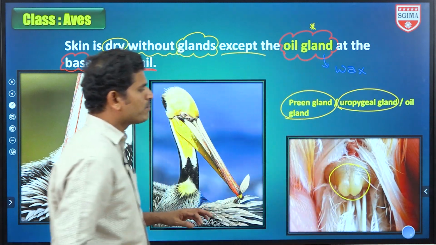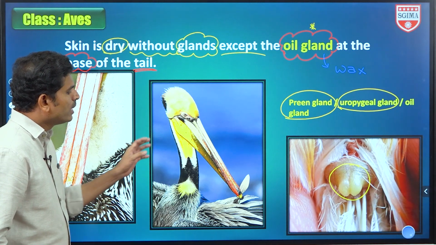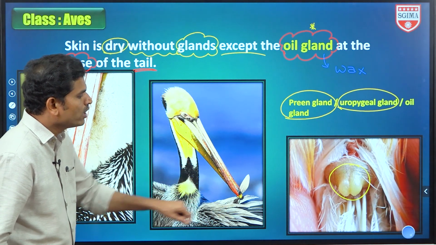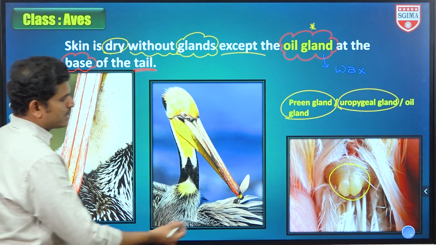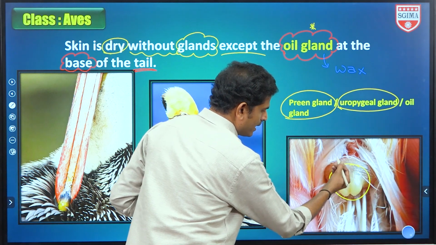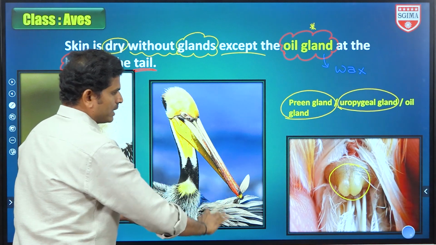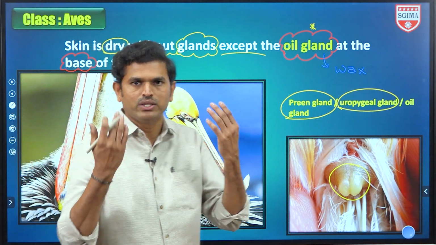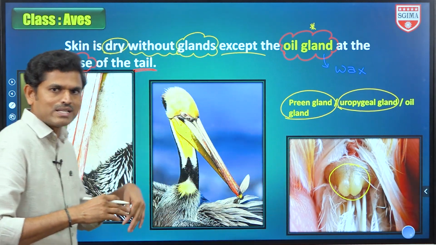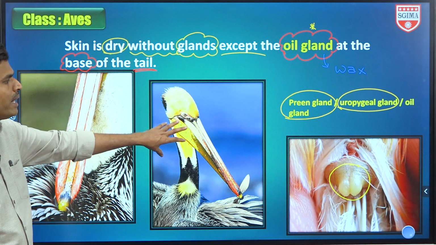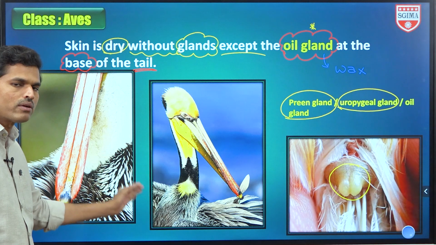If we observe birds when they sit leisurely on the branch, they always touch their beak to the tail region. Why? They take this wax from there and then comb it, that means apply it properly on their feathers, just like we apply oil, gel or creams to our body surface or hair. The organism applies this waxy matter with its beak to its surface.